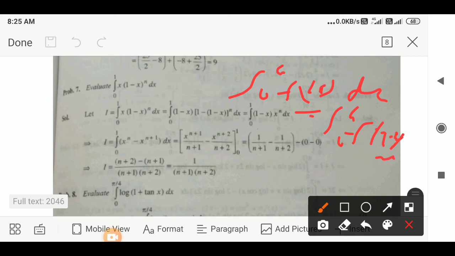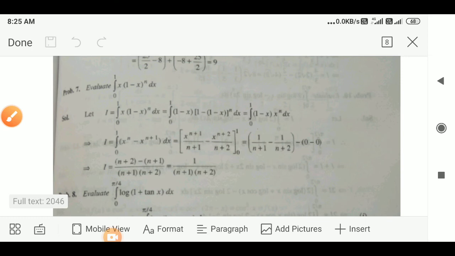So using this, in place of a here is 1, so using the property, it becomes I is equal to integral 0 to 1 of 1 minus x into x whole power n. So we get 1 minus x power n, x into x power n. So we easily integrate both x power n and x power n minus 1 using the power rule, and then put the limits, we get the result.